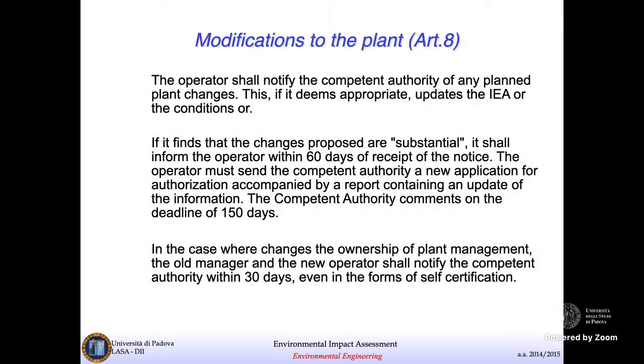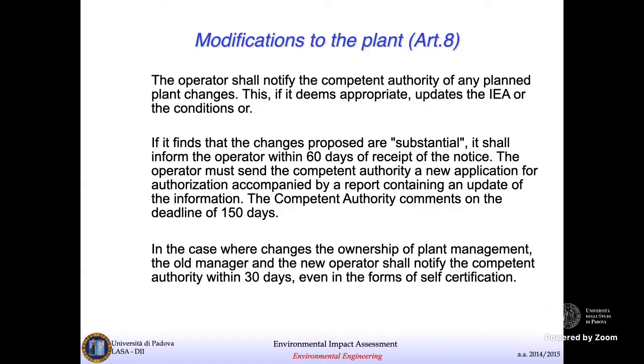Then Article 8 of the Directive 59 deals with modifications to the plant. The operator shall notify the competent authority of any planned plant changes, and if it deems appropriate, it updates the integrated environmental authorization or the conditions.